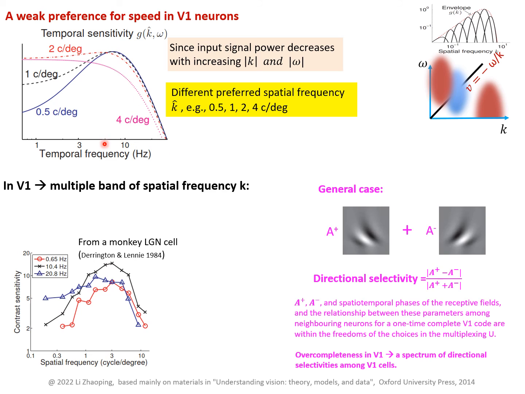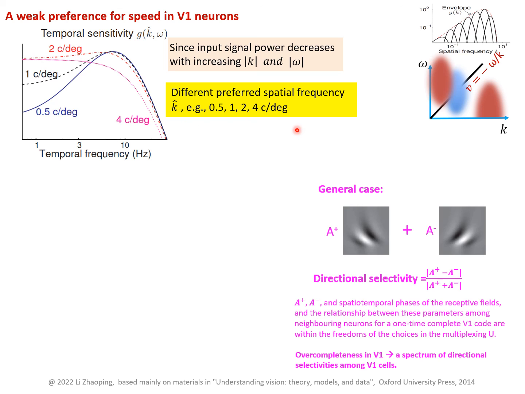It prefers higher temporal frequency. However, if you take a higher spatial frequency, 4 cycles per degree, maybe here, then it prefers low temporal frequency. So high spatial frequency, low temporal frequency; low spatial frequency, high temporal frequency, as expected from these kinds of input signal powers.